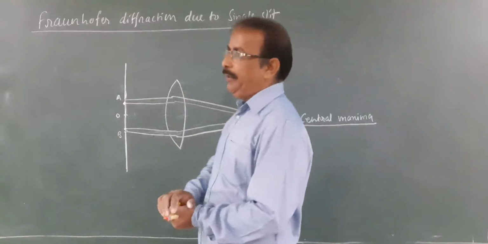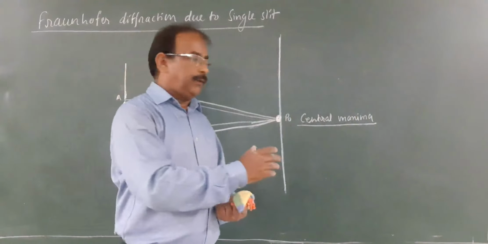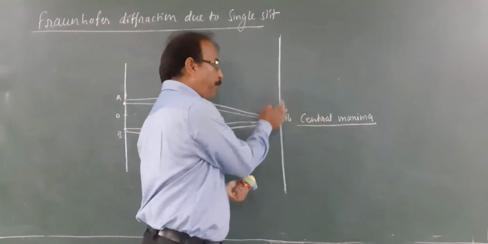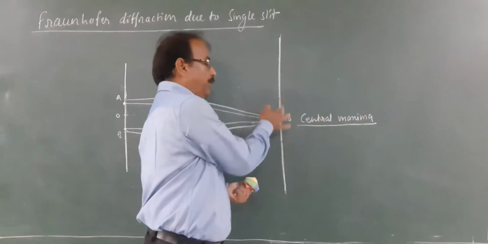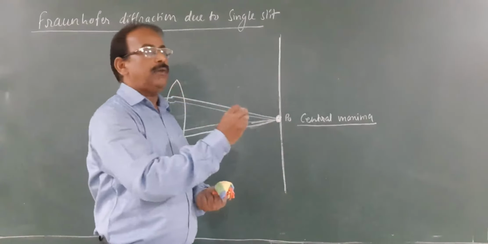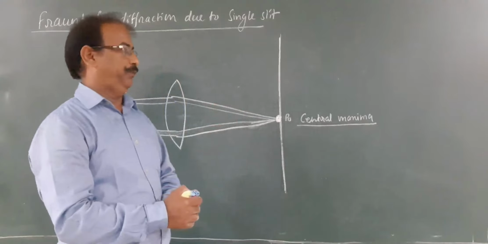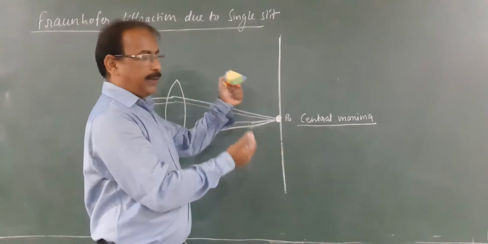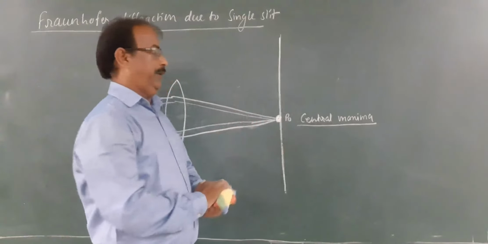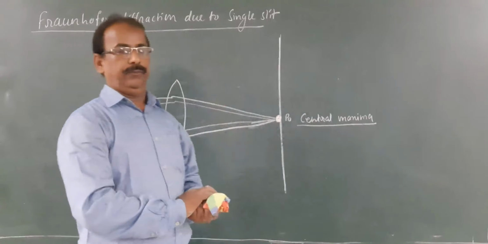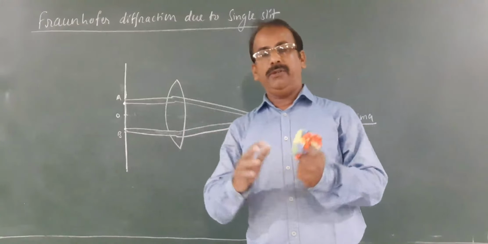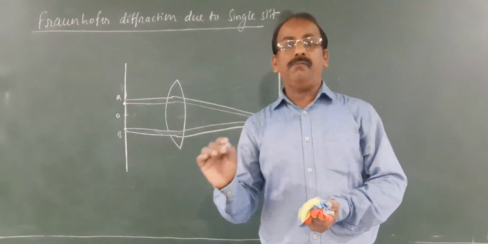For darkness in a diffraction pattern, there is a term called secondary minima. Next to the central maxima on both sides, you will observe secondary minima, means points of minimum intensity. Then after secondary minima, again you will observe maxima, means bright points, on both sides of the pattern, called secondary maxima.